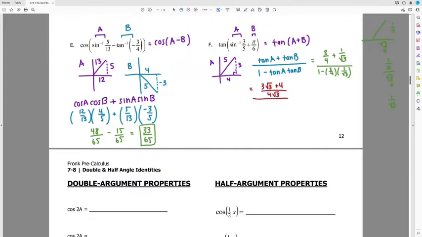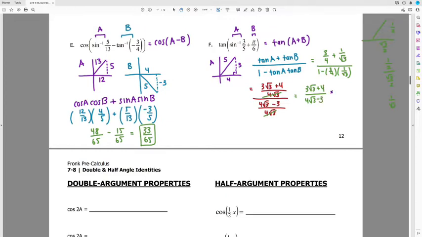And then our bottom also is going to have a common denominator 4 root 3. So that is going to be 4 root 3 minus 3 over 4 root 3. And then something nice really happens here. Those 4 root 3's cancel, and we are left with 3 root 3 plus 4 over 4 root 3 minus 3.